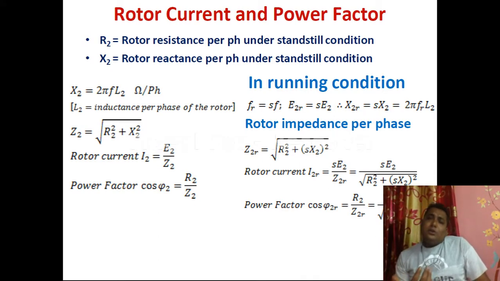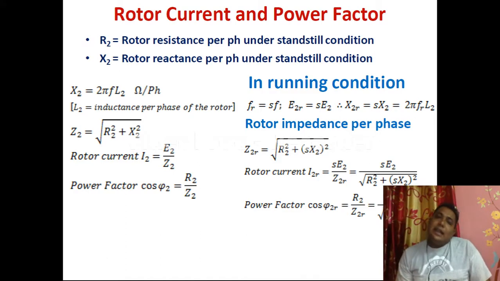Okay, so what is the impedance now? Z2R is equal to under root R2 square plus S X2 whole square, because at running condition the reactance is X2R, and X2R is equal to S into X2. So we have placed S into X2 in the equation.